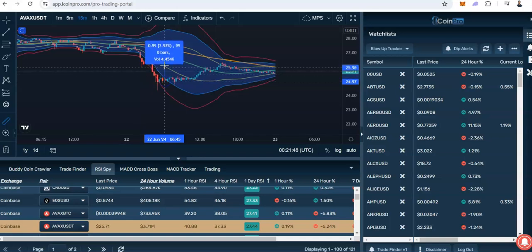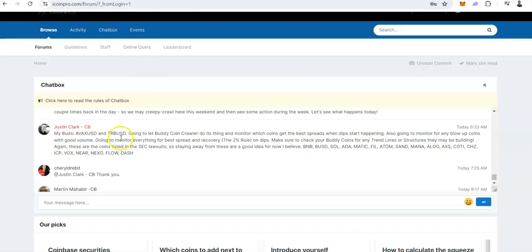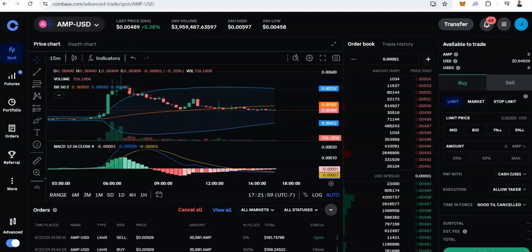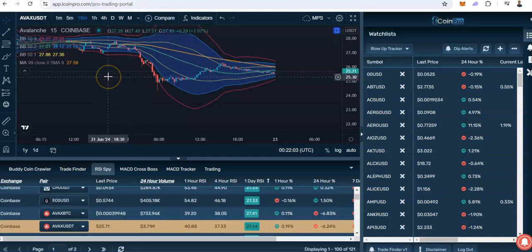Then that coin went up 5.5%. So if you had listened to the forum and traded AVAX when the forum, that's AMP, here, right here, you would have had a 5.5% trade, right?